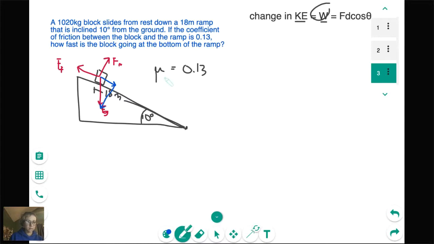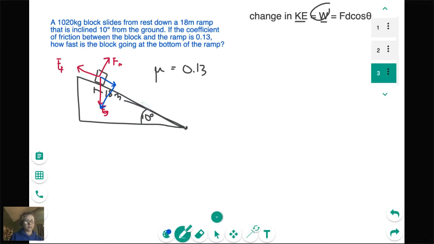perpendicular to the ramp. And customarily, you'll be thinking of this where the x-axis is parallel to the ramp and the y-axis is perpendicular to the ramp, instead of the x-axis being straight horizontal and the y-axis being straight vertical.